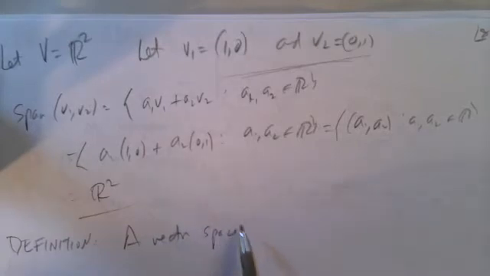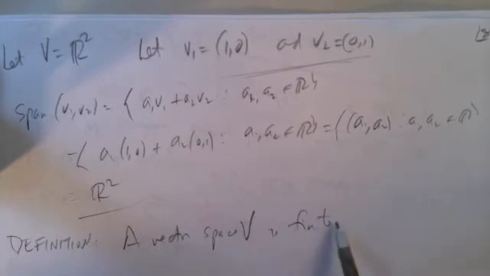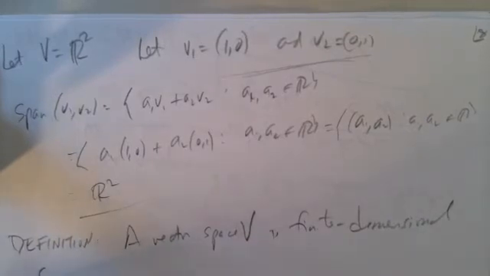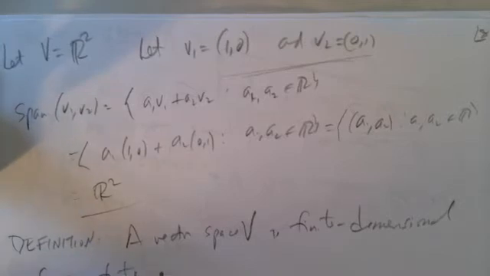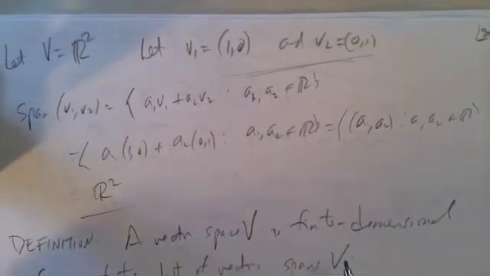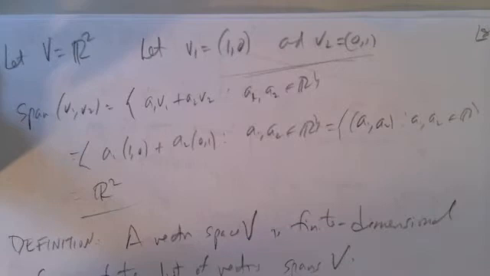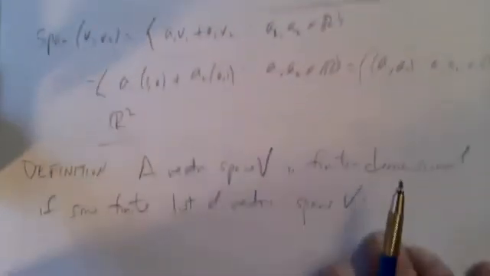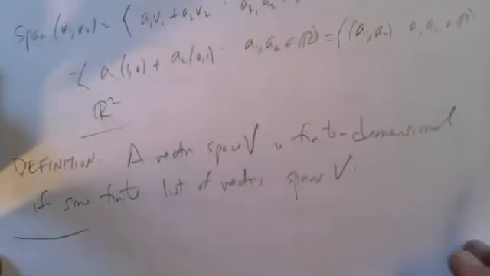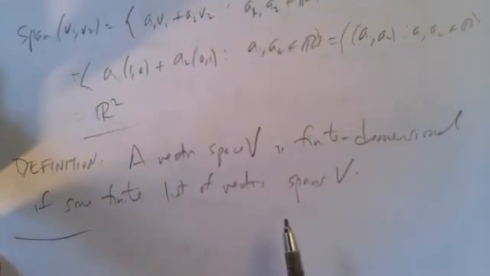A vector space V is called finite dimensional if some finite list of vectors spans V. So not every vector space is spanned by a finite list of vectors, but any one that is, is called finite dimensional.